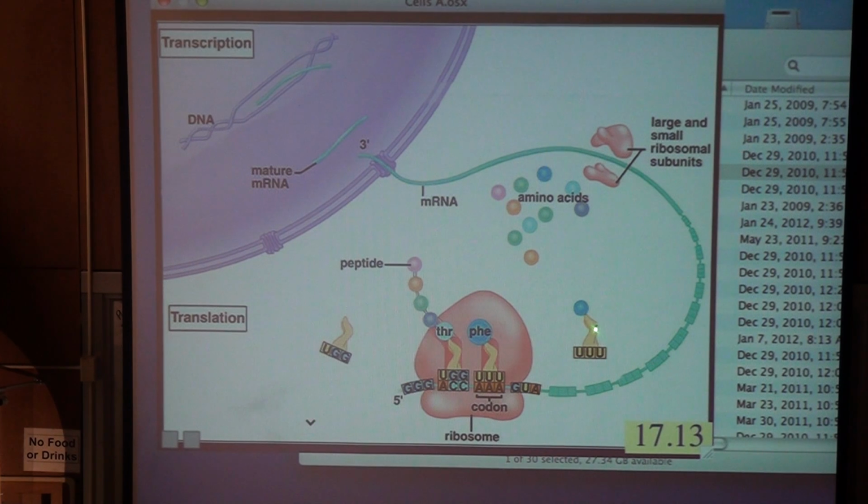The transfer RNAs, which look like little seals from a circus balancing a ball on their nose, bring in the amino acids to the ribosome, and then using their anticodons, they pair up with the codons on the messenger RNA, and that brings the right amino acids in the right order, and you get the protein formed. All right, good.